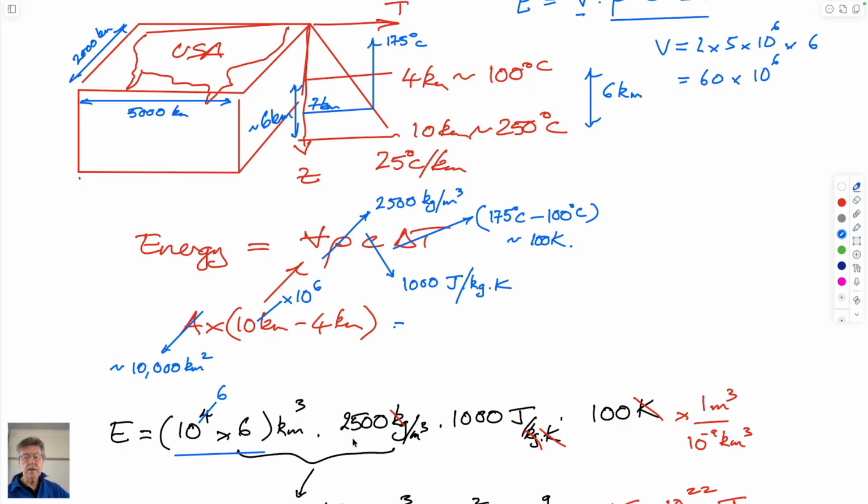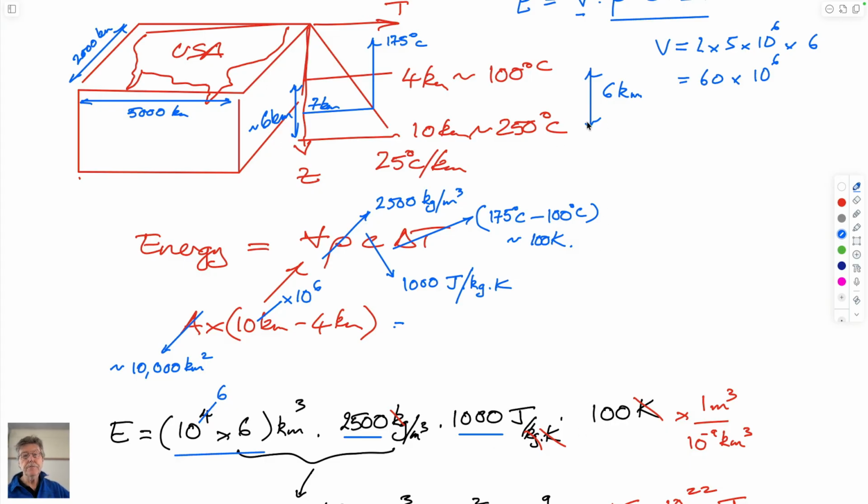The density of rock is of the order of 2,500 kilograms per cubic meter. The specific heat capacity for rock, not for water, because this is the heat that's locked up in the crust between these depths, is of the order of 1,000 joules per kilogram per degree Kelvin.